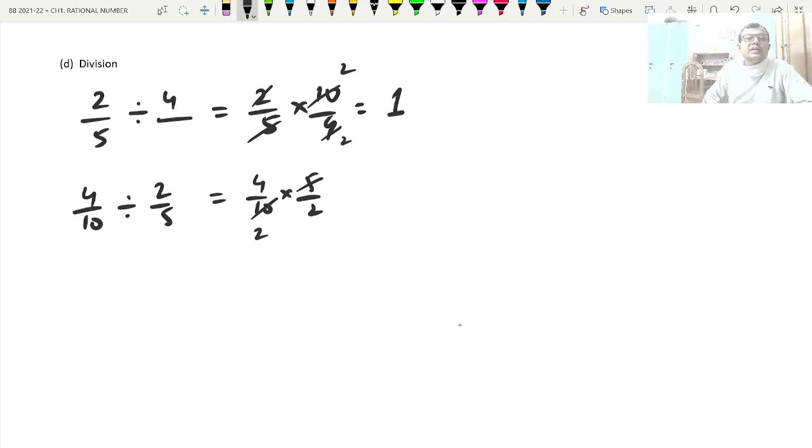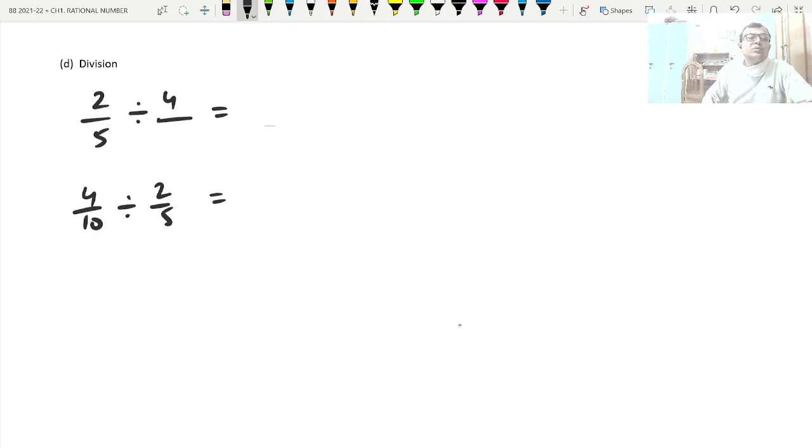So let us take a little different example, because both the fractions we have taken are the same. Instead of 10, let us make it 15. Then it will be 2 by 5 into 15 by 4, which cancels to 3 by 2.